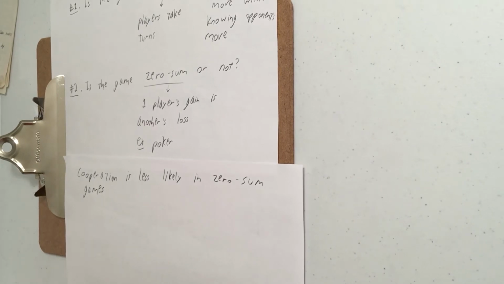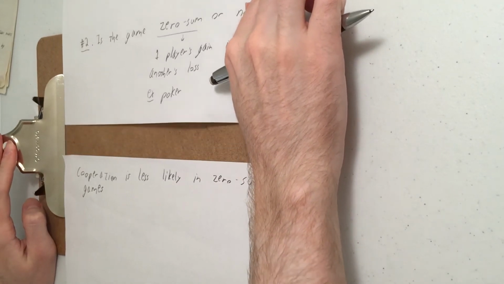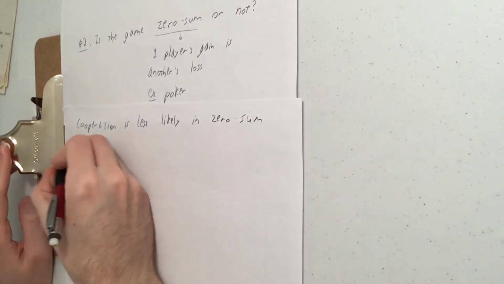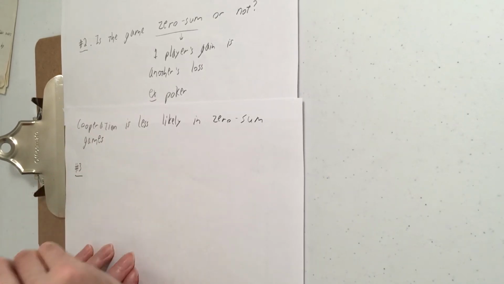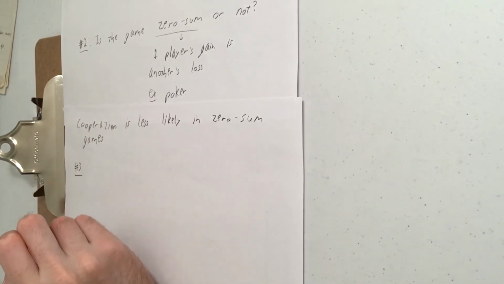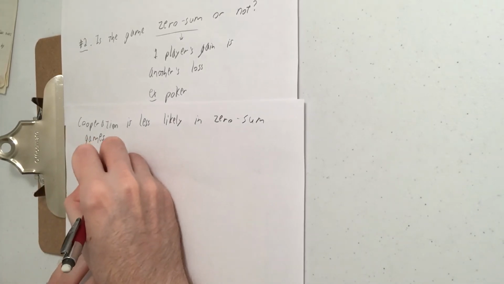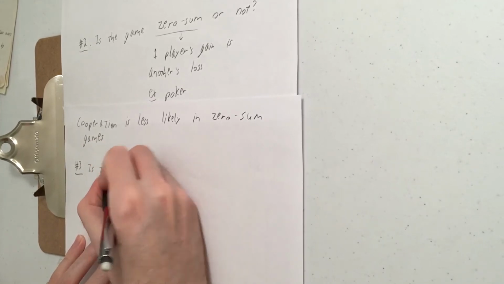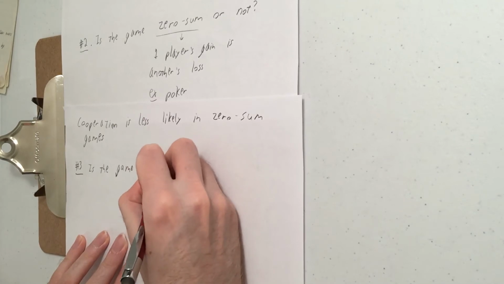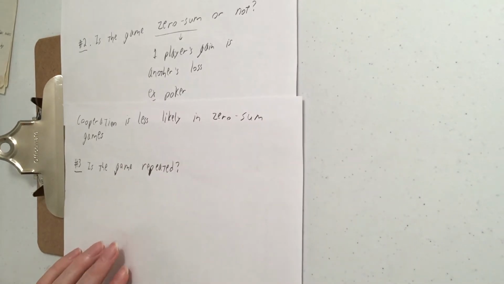Consideration number 3 is closely related, though it might not appear to be so on the surface. So consideration number 3 asks, is the game played once or is the game repeated? So what does that have to do with cooperation?